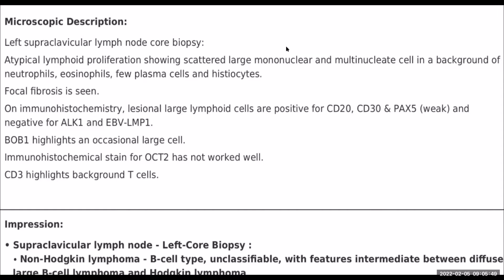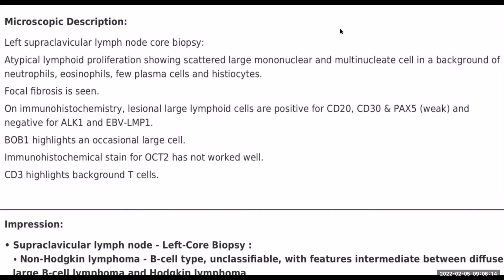A core biopsy was done, and it is not easy to interpret a core biopsy, especially when you are dealing with gray zones. Here, because there is a supraclavicular mass, there should ideally have been an excision biopsy first. Hopefully you got my point.